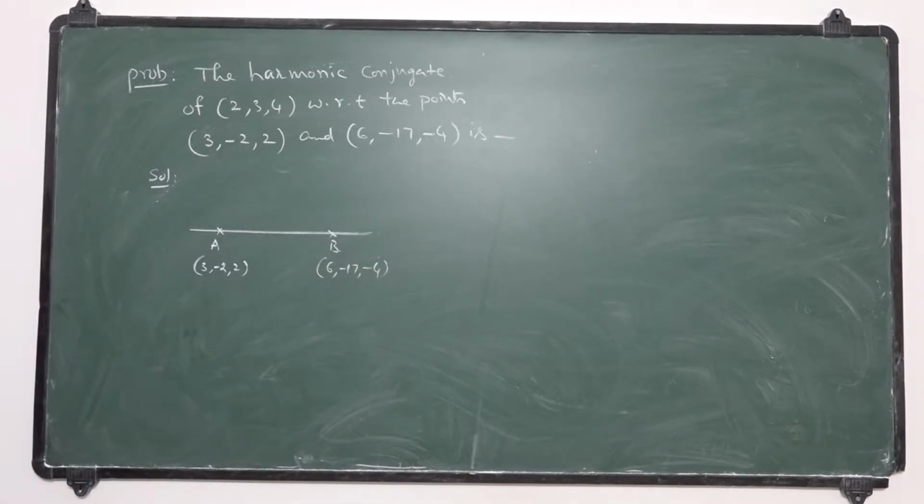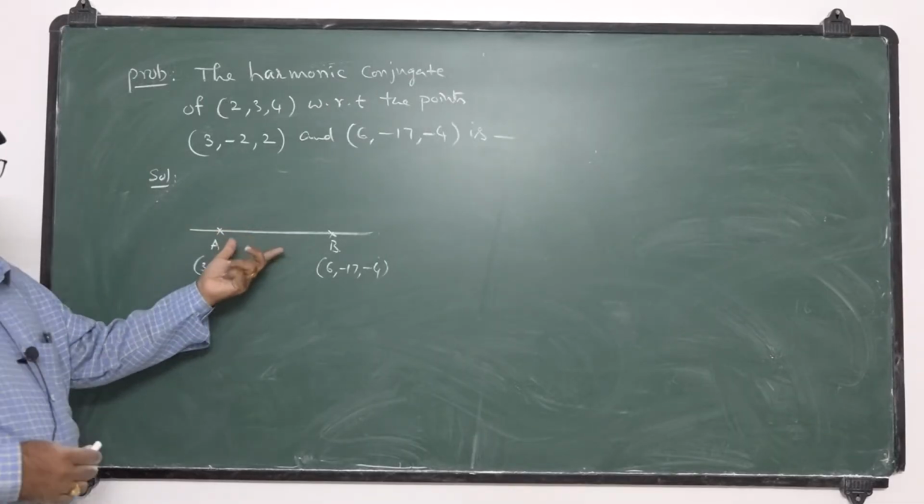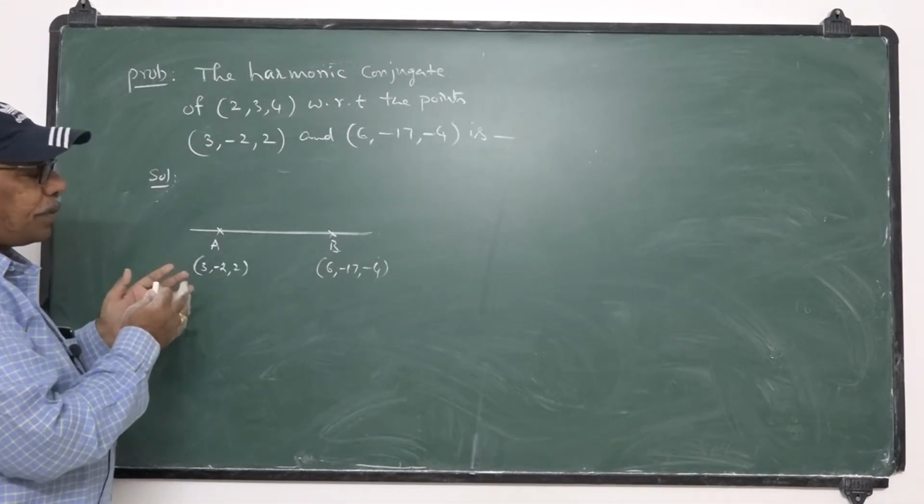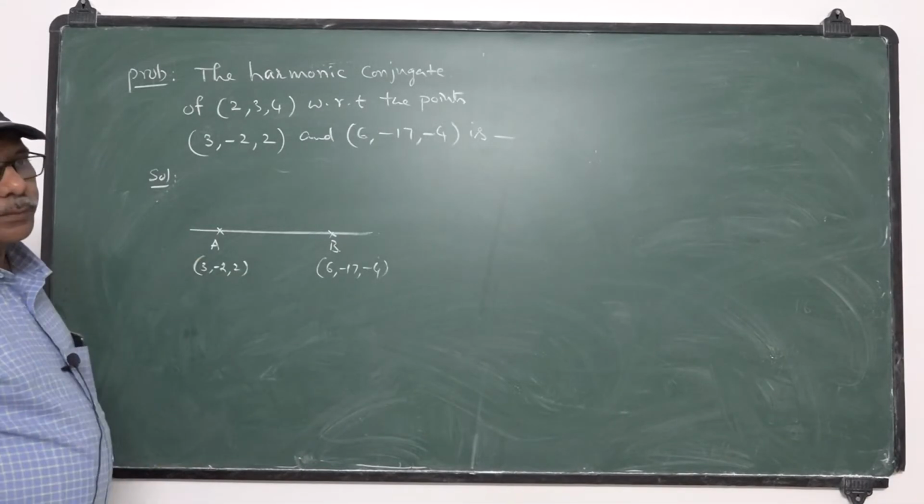Harmonic points means harmonic points are the division points of the given line segment AB in the same ratio, internally and externally.